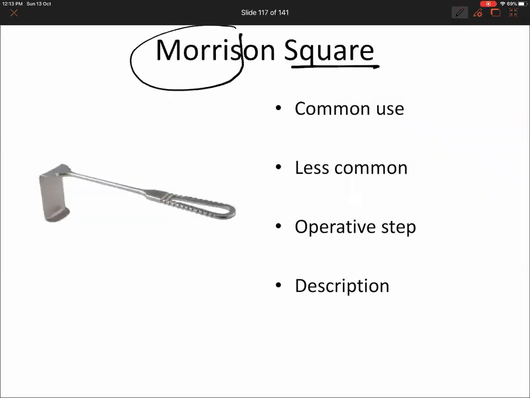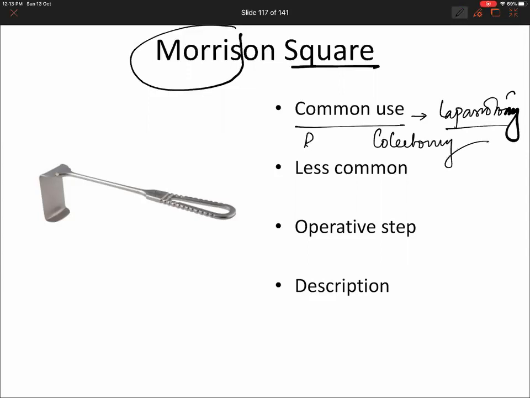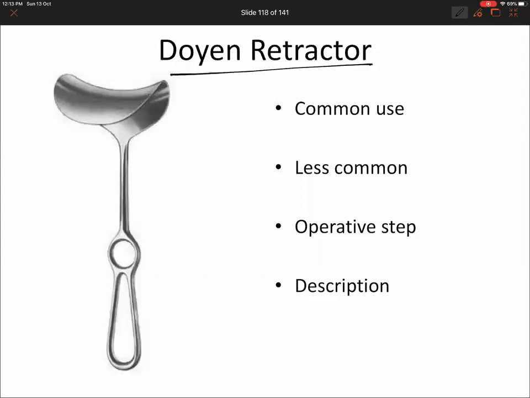But this is used for laparotomy in which you want to see structures, like for our exam purpose, right hemicolectomy. Why does the name say it is square? Because the blade is square. Okay, that's it.